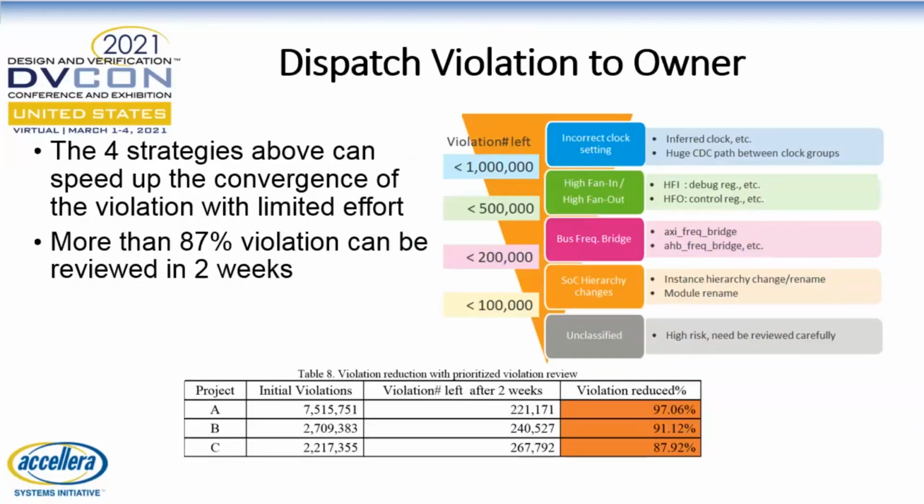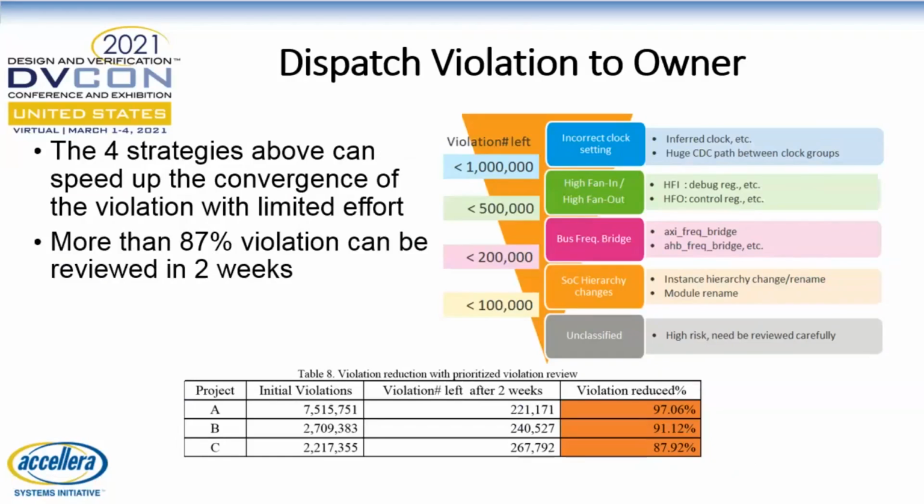Using the above four strategies, we can quickly remove the CDC false alarms. In our actual project, after clarifying the main infra clock, the number of violations dropped from 7 million to 1 million. After applying the high-fan-in and high-fan-out registers, the number of violations dropped to 500,000.